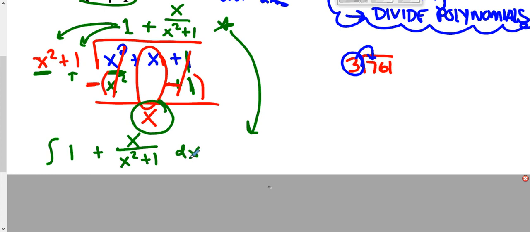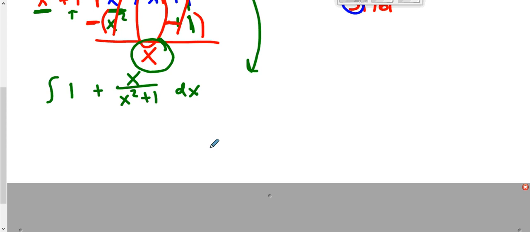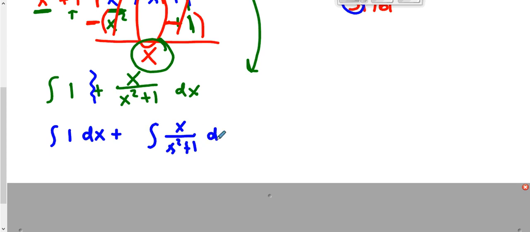Now this, we can use some rules for. The 1 is going to be a power rule. So I'm actually going to split this up where I'm going to use different rules. So I'm going to integrate 1 dx, plus, I'm going to be integrating x over x squared plus 1 dx.